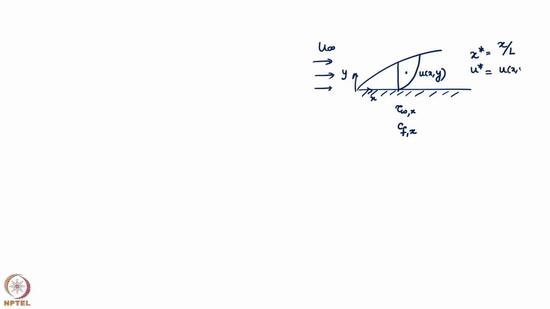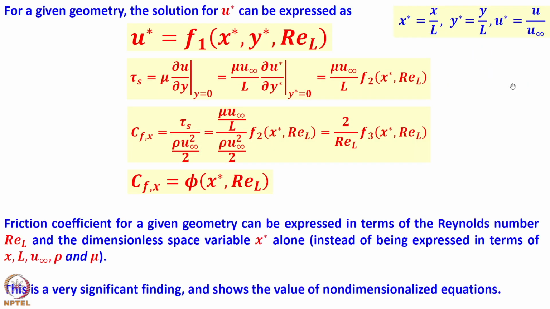If I am fixing u star, it is this non-dimensional velocity. So what this tells is that a non-dimensional velocity is a function of the local coordinates, which are non-dimensionalized, so x star, y star and the local Reynolds number. Why? Because Reynolds number is going to vary with a particular x location. So, it is a function of that.